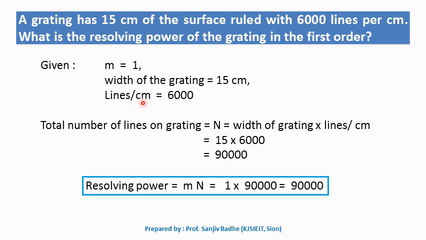So there are 6000 lines per centimeter and the width of the grating is 15 centimeter. And therefore the total number of lines on the grating will be the width of the grating multiplied by the number of lines on the grating per centimeter. So 15 into 6000, that is 90,000, is the value of n. So resolving power is obtained as 1 into 90,000, that is 90,000.